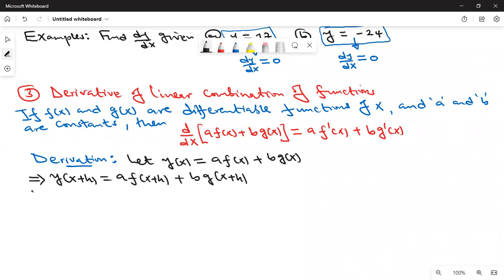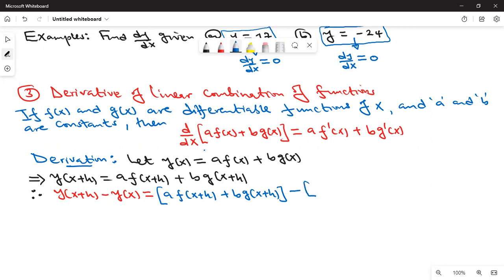Now, what about the difference of those two? So now we need to know what is y of x plus h minus y of x. That will be equal to a times f of x plus h plus b times g of x plus h, subtracting a times f of x plus b times g of x.